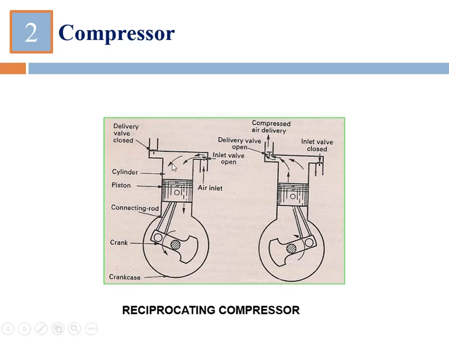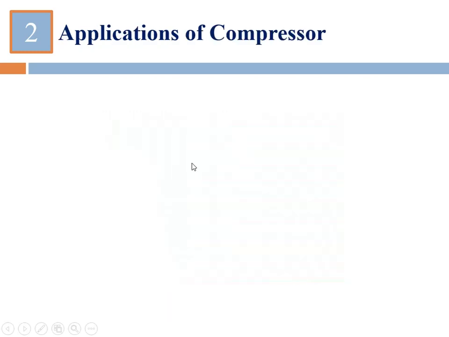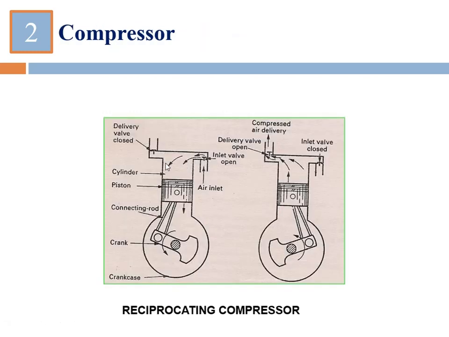So just imagine this piston is here at the top dead center and it is moving in the downward direction. I will explain this in short, not in too much detail.